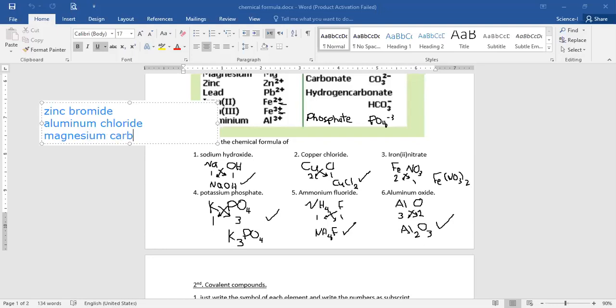Mister, we will answer them like we answered just now? Yes, you're going to write all these symbols, these three, and send me the answers in the chat box. Okay, guys, start to work on these. I'm waiting for your answers. Which ones? Zinc bromide, aluminum chloride, magnesium carbonate. These three.